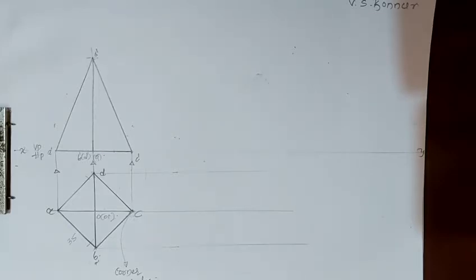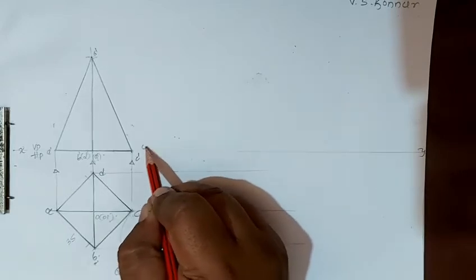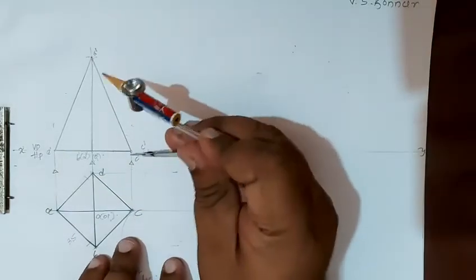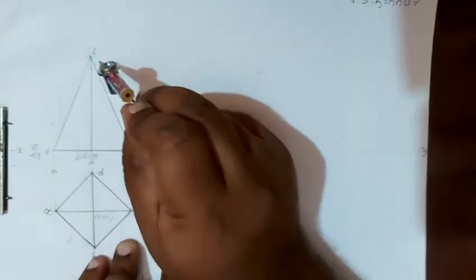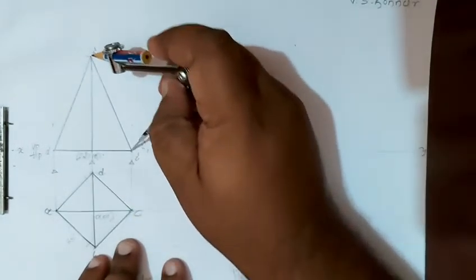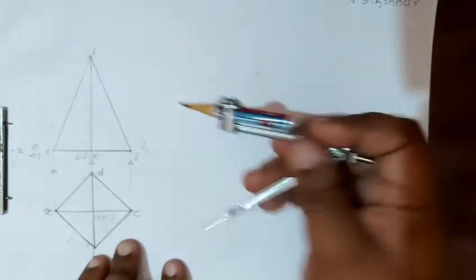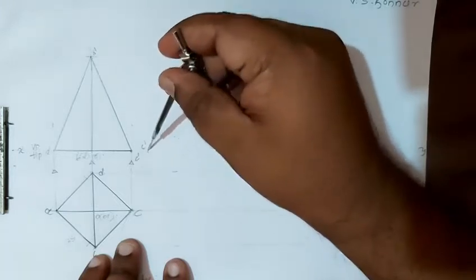If it is resting on a slant triangular face, then it is resting on one of its edges. Now we'll mark the C dash point here, and we'll cut the distance C dash to O dash, meaning resting on one of its slant edges. We'll take this distance, that is C dash to O dash distance, and cut it on the XY line.